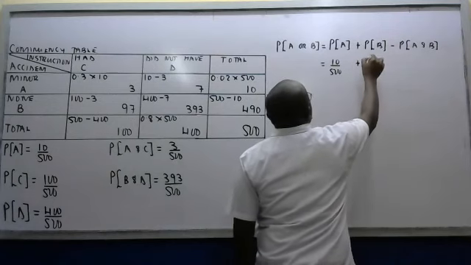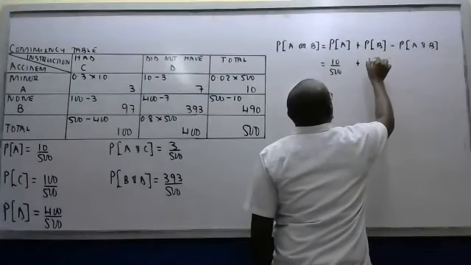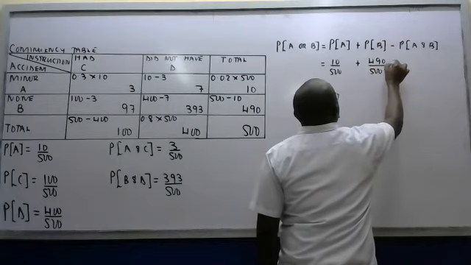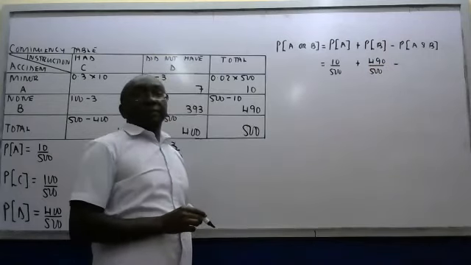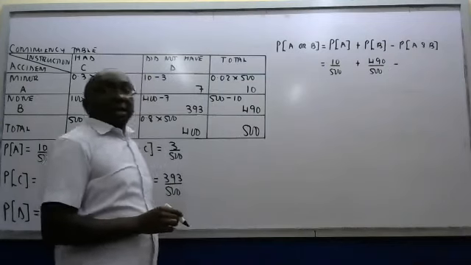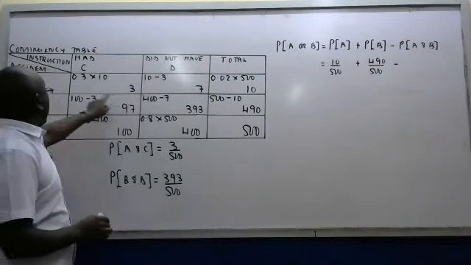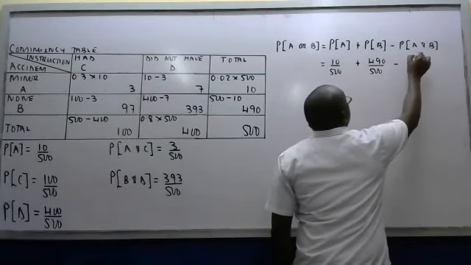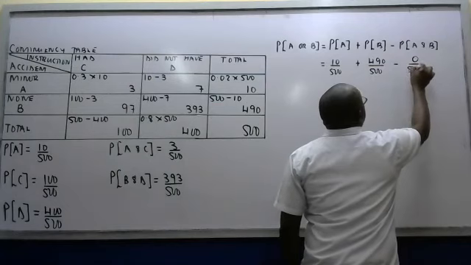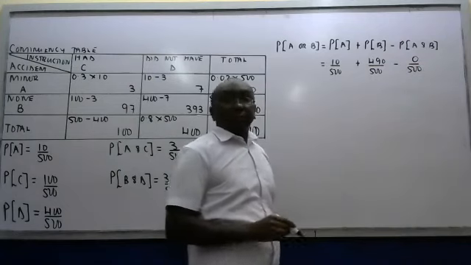B, we know it is 490 out of 500. Minus A and B. Now, do we have anywhere A and B meet? No, so that is 0 out of 500. They don't meet anywhere.